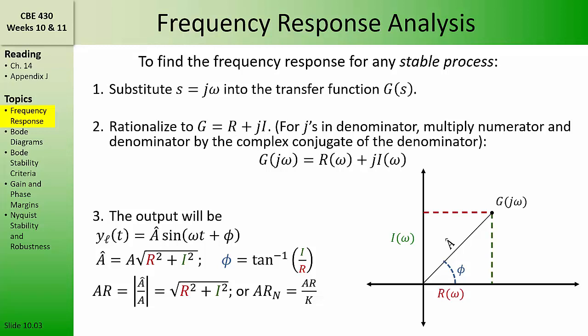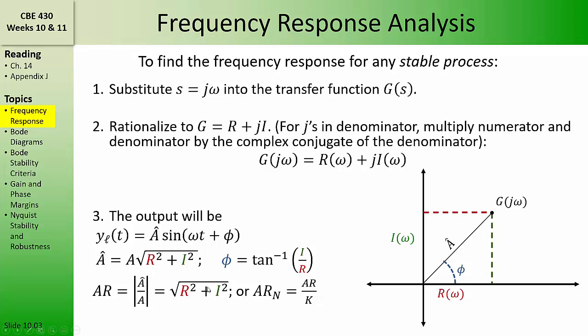Often we have s's in the denominator of transfer functions, and that's okay. If we have j's in the denominator, then we simply multiply the numerator and denominator by the complex conjugate of the denominator, and that will give us the transfer function in the form G(j omega) equals R(omega) plus j times I(omega).